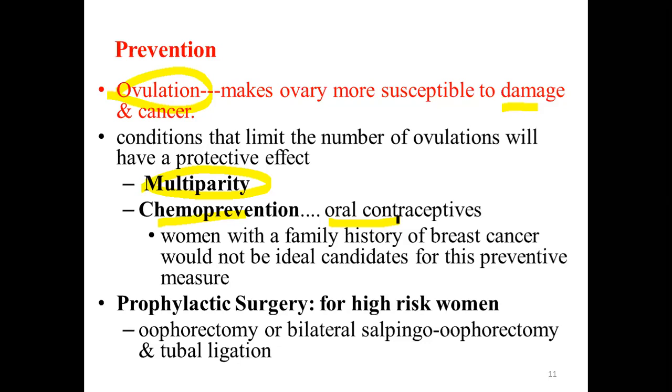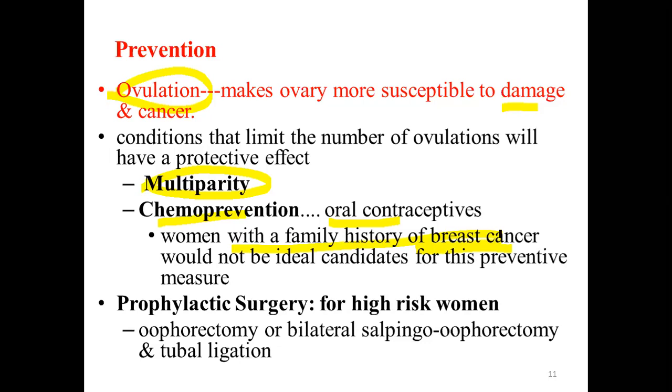However, this chemoprevention is usually not recommended for a woman with a family history of breast cancer. So she will not be an ideal candidate for this preventive measure because of the risk of breast cancer. So that is very important.